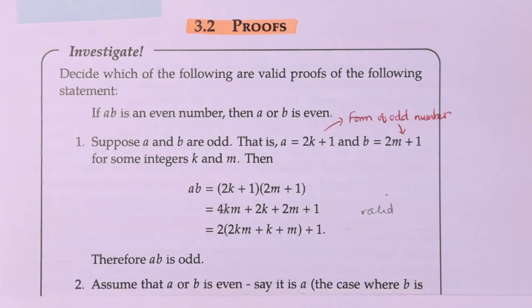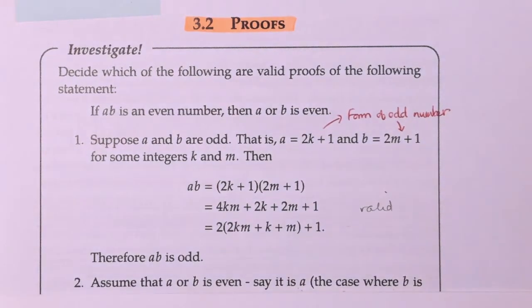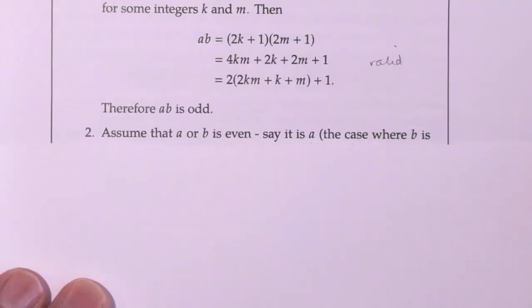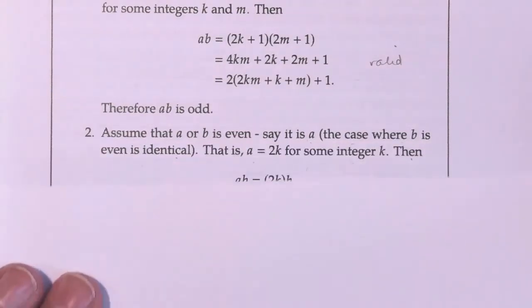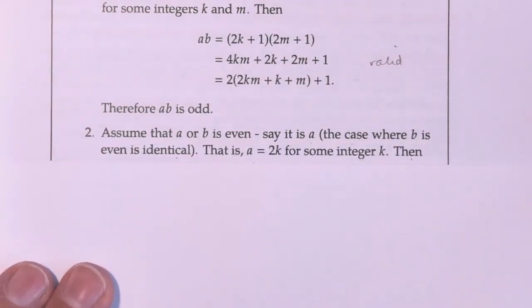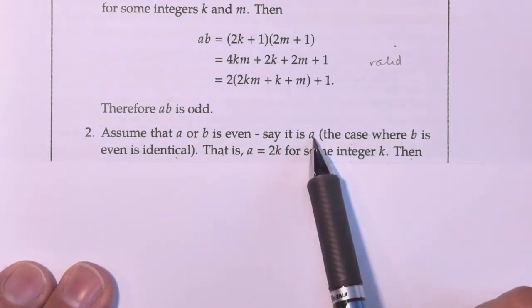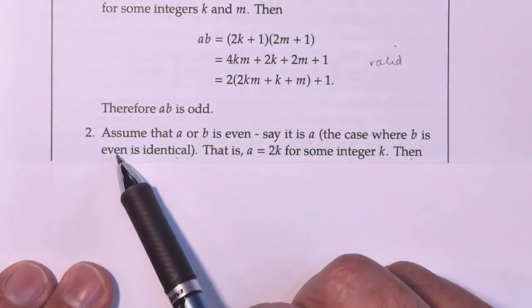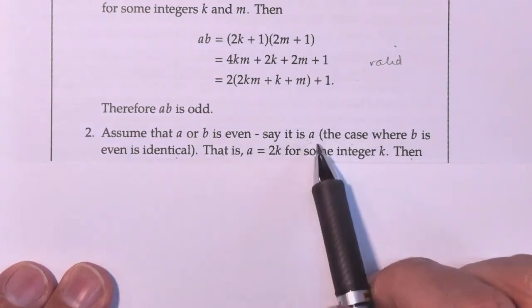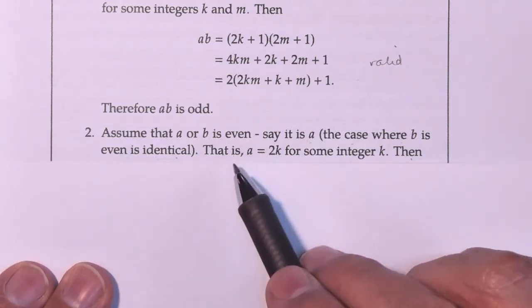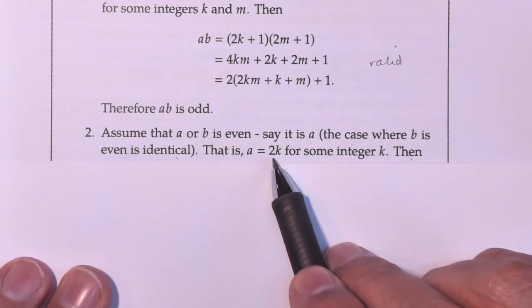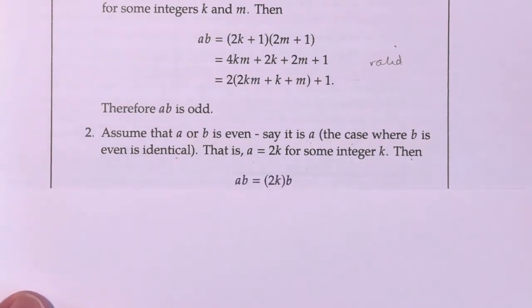Number 2. Let's go down and see what this says. Assume that A or B is even. Say it is A. The case where B is even is identical. So we're going to assume that A is even. So A can be written in the form 2k for some integer k.